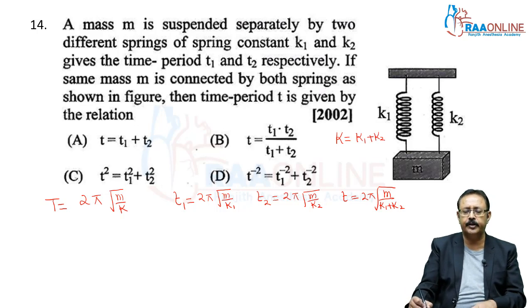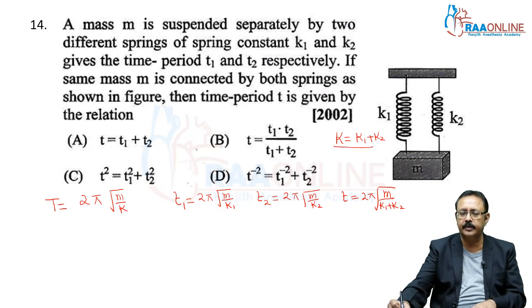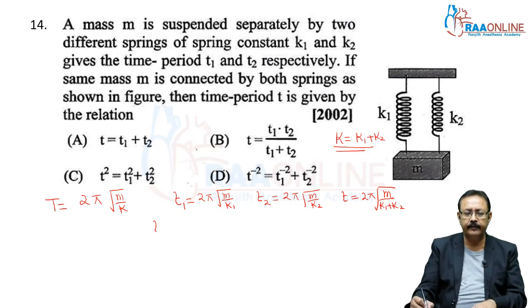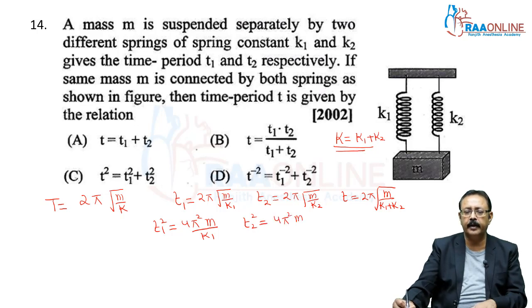Mass is the same, so we will use that concept. By squaring the equations, what are we getting? We will use the relation K is equals to K1 plus K2. T1 square is equals to 4 pi square m by K1. T2 square is equals to 4 pi square m by K2.